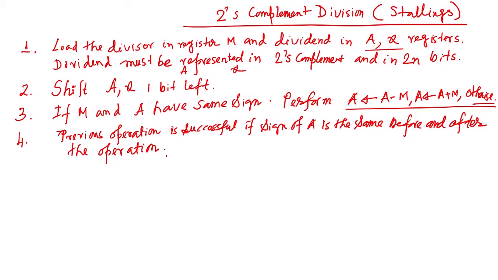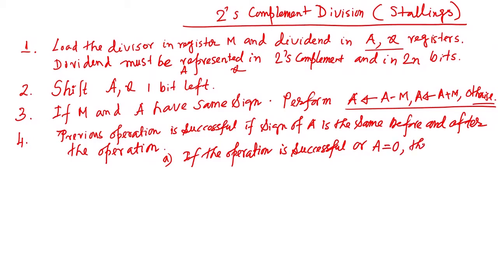Okay. Then it has two cases. If the operation is successful, or A is 0, then Q0 position is set to 1.